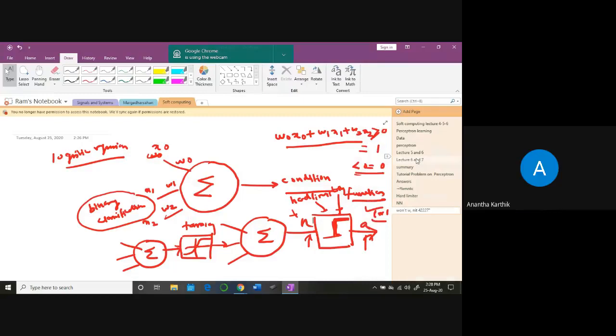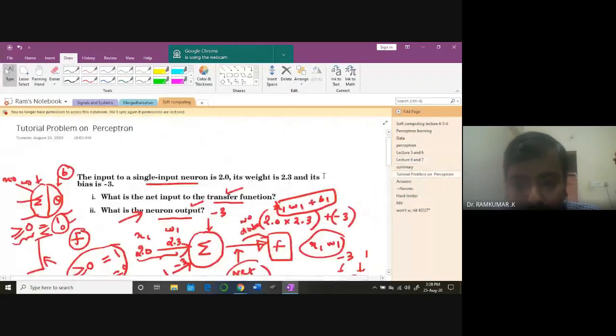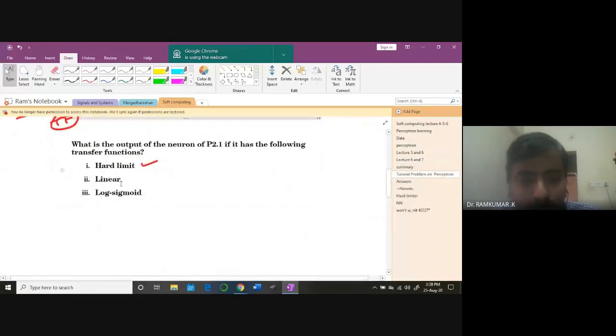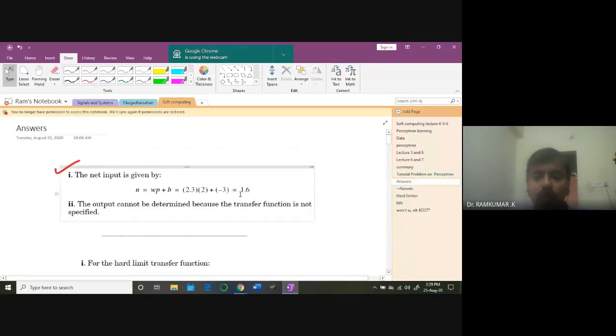Now look at this case. Can you compute this value for the previous case? What is the output of the neuron if it has the following transfer? Previous case, what is the output? Just note down this output. This is a single neuron with one input: 2.3 is the input, 2 is the weight, and bias is -3.